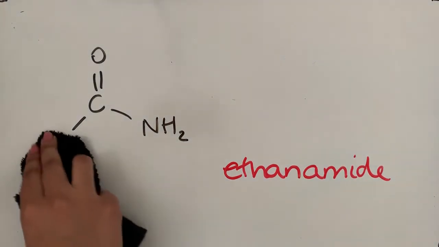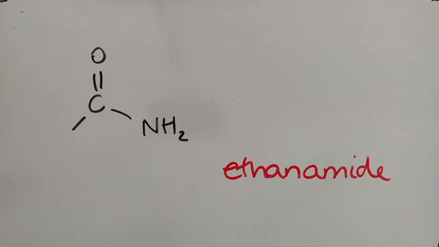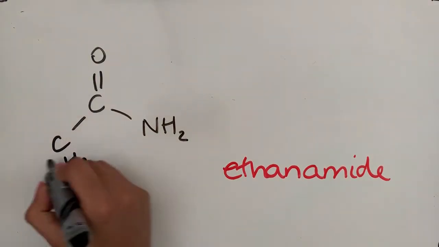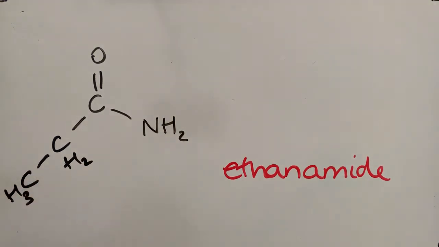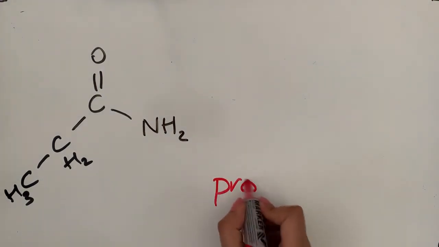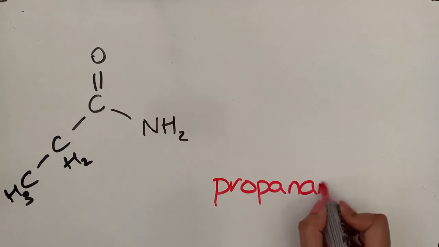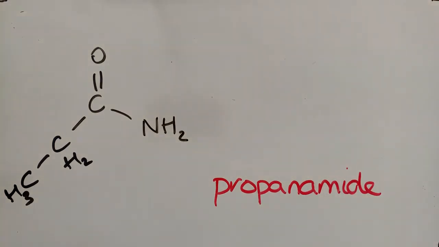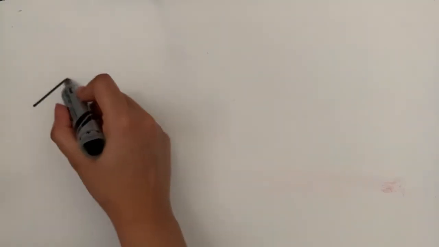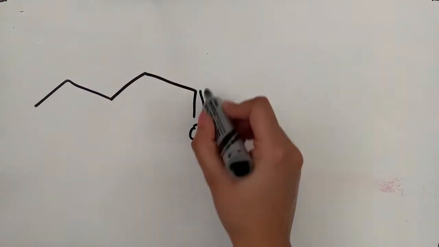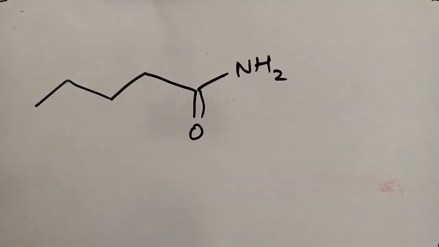If we extend the carbon chain, for example, like that, the longest carbon chain is now 3, so this one over here would be called propanamide, like that. Let's do one more example as a skeletal form, like that.